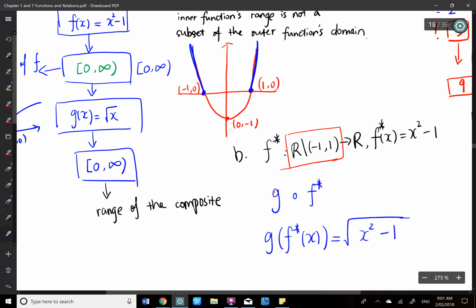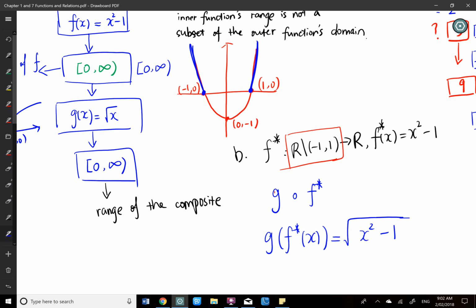So g of f star x equals square root of x squared minus 1. f star x is x squared minus 1, and you put that into the function g. Instead of this x, you will have x squared minus 1. That is the rule for the composite. As I said, the rule is always put the inner function into the outer function. That isn't affected by the domain or range. But f star must be restricted from R except -1 to 1.